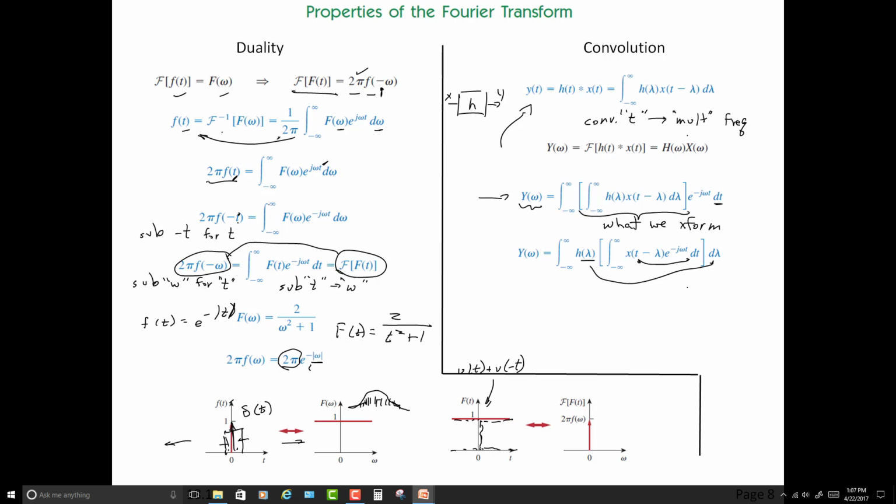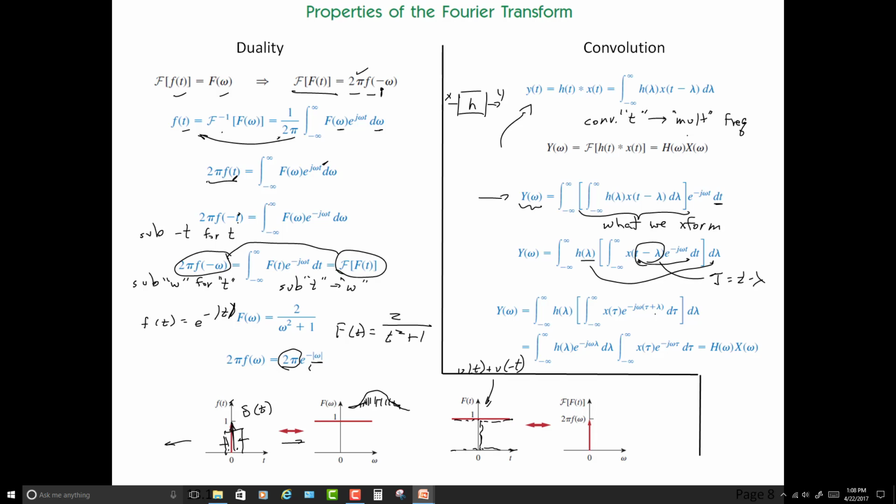And now from the integral inside the brackets, we're going to exchange t for tau, where tau will be t minus lambda. These are standard moves, right? We've done this already before. We're going to make tau equal to t minus lambda.